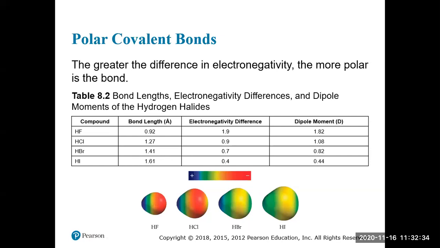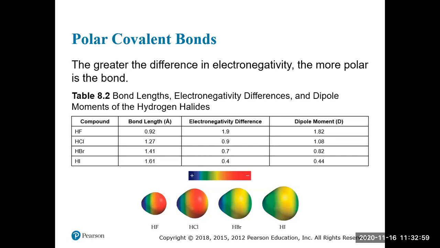The picture on the bottom, I think, really is a nice color coding of it, where once again, the negative is red and the blue is positive. And we see the colors changing. So for HF, you see a lot of electron probability over towards the fluorine. And by the time you get to HI, it's kind of evened out a little bit.